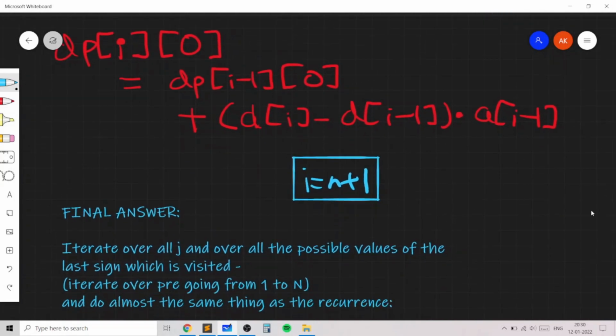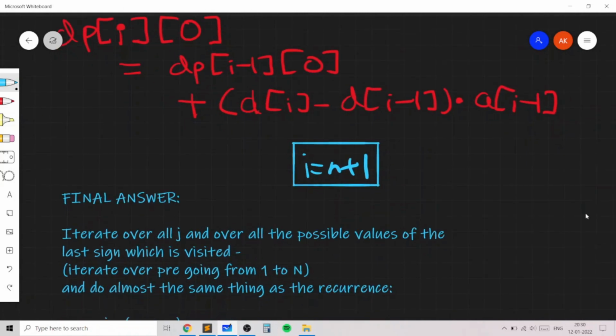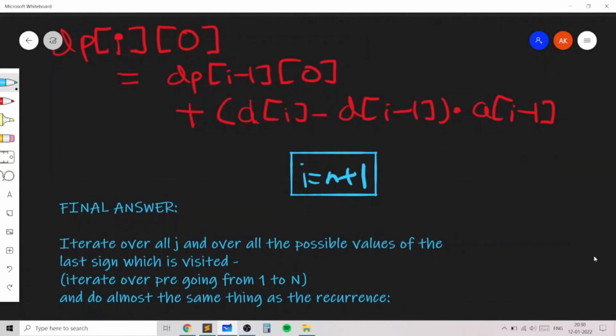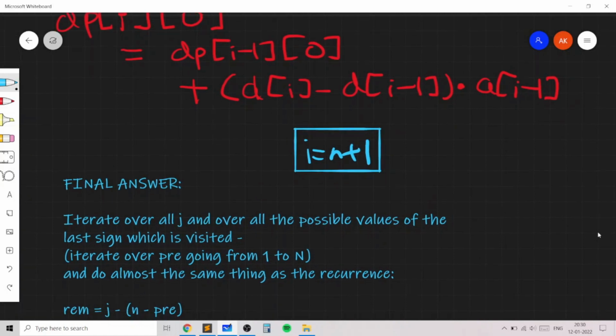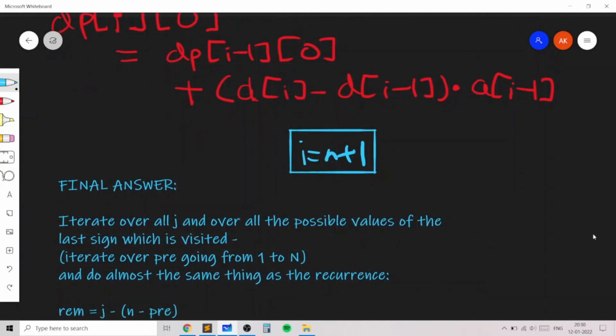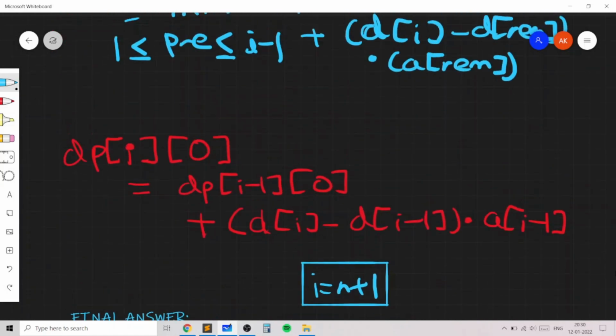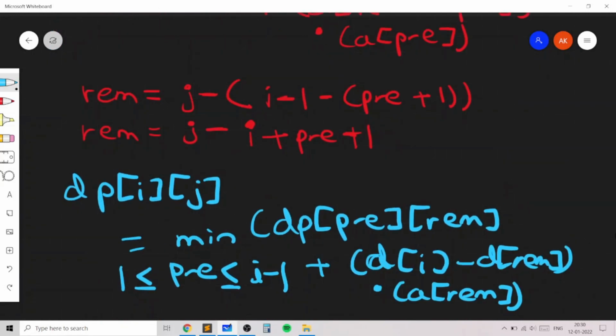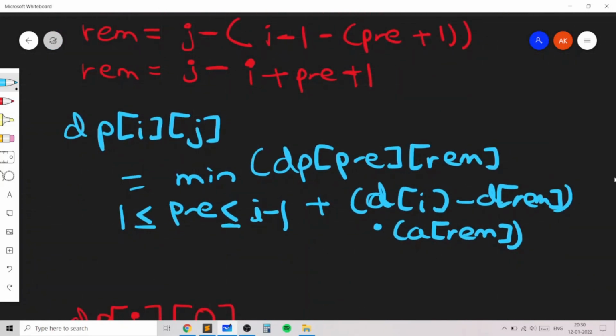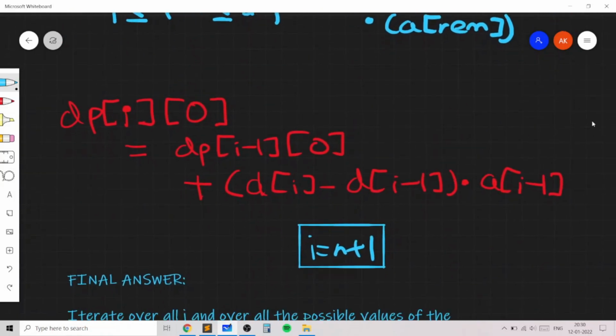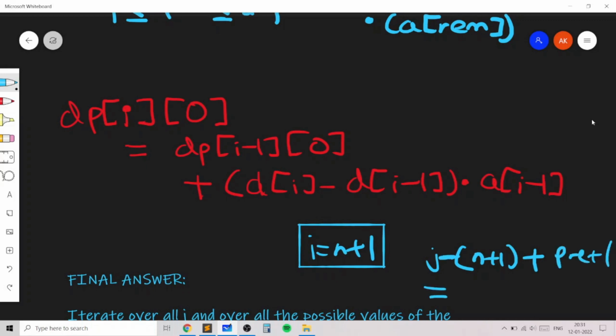Then we compute the remaining value, which is given by the same quantity. So the remaining value is j minus i plus pre plus 1, and in that case j minus i plus pre plus 1 will actually be j minus n plus pre.